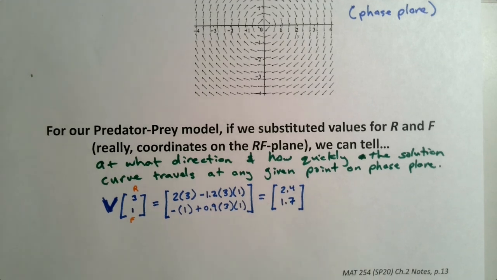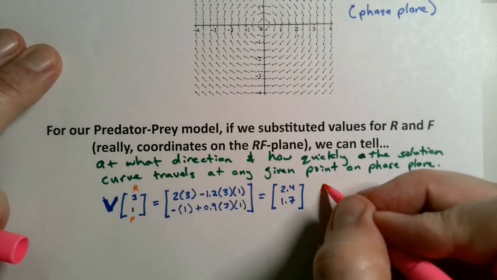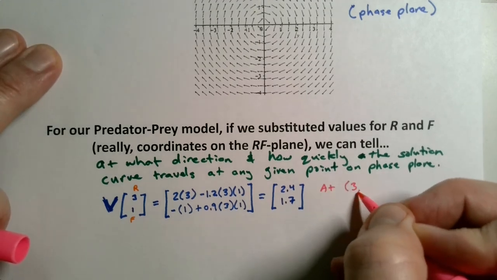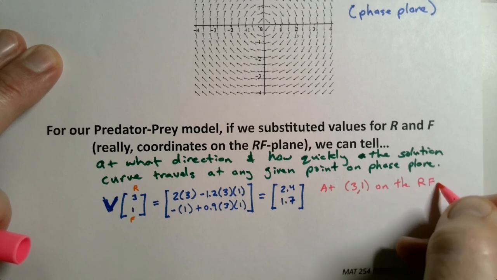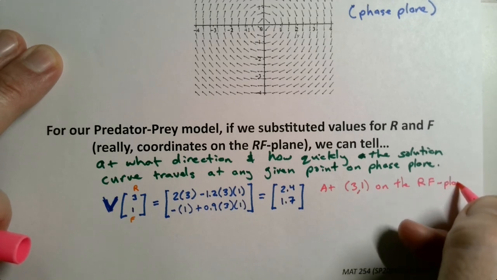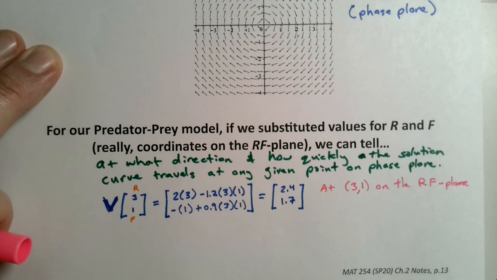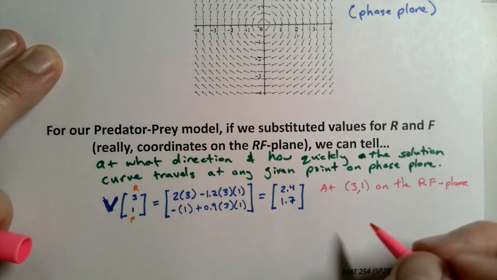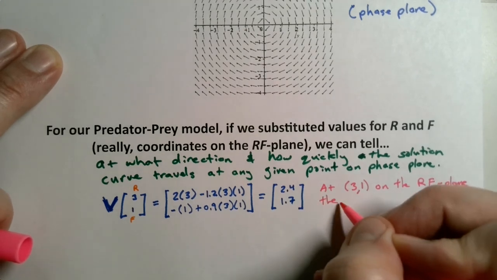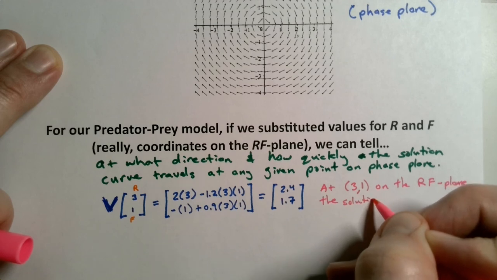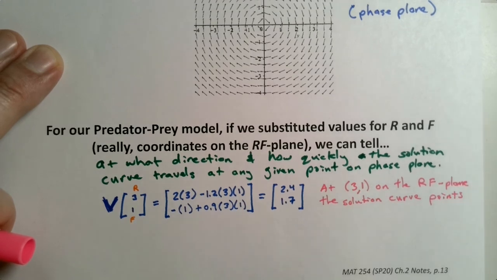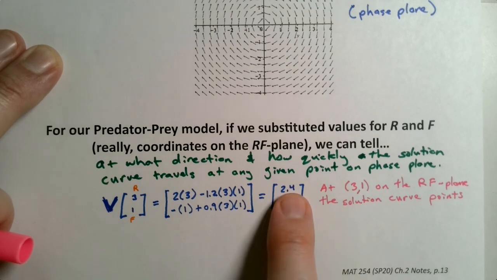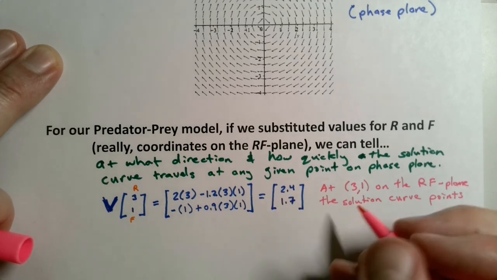And so in terms of the phase plane, at 3, 1 on the RF plane, at that particular location, the solution curve points 2.4 units to the right and 1.7 units up.